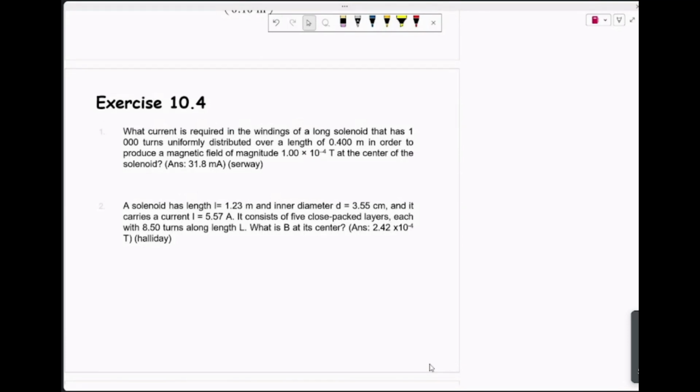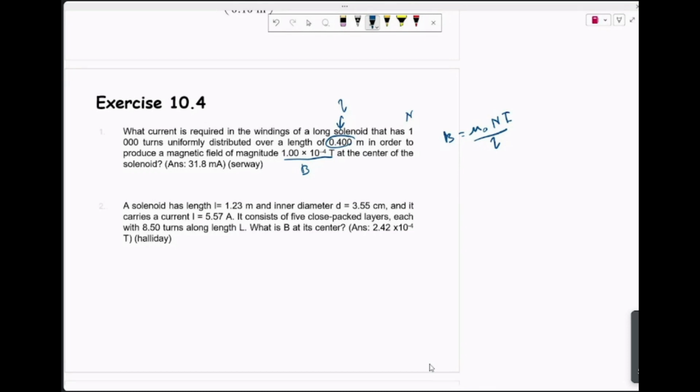What is the current in the winding of a long solenoid? So this immediately becomes B equals mu naught N I over L. What current is required in the winding of a long solenoid that has 1,000 turns, so we have N here, uniformly distributed over a length of 4, so this is L, in order to produce a magnetic field of a given magnitude at the center of the solenoid? B is already given.